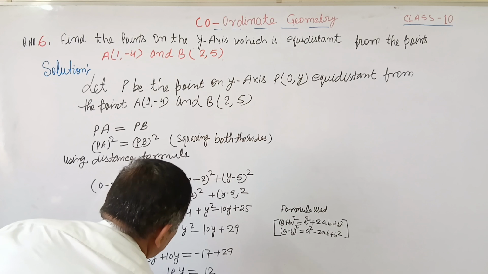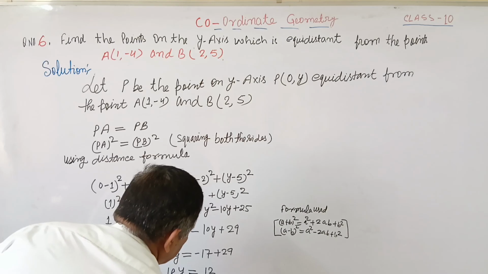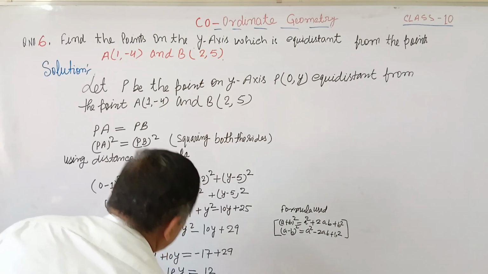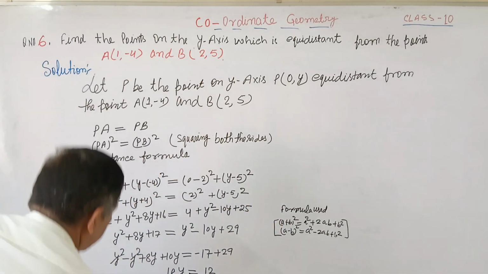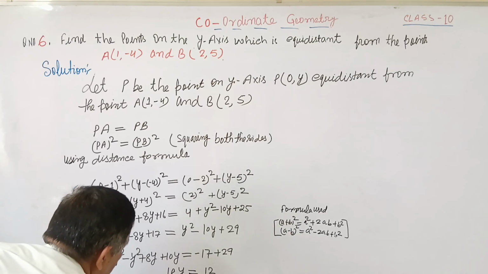Therefore y equals to 12 by 18 or 2 by 3. So the point P is 0, 2 by 3.